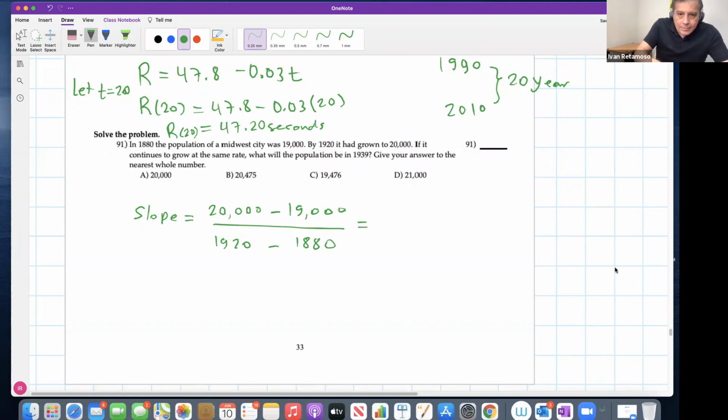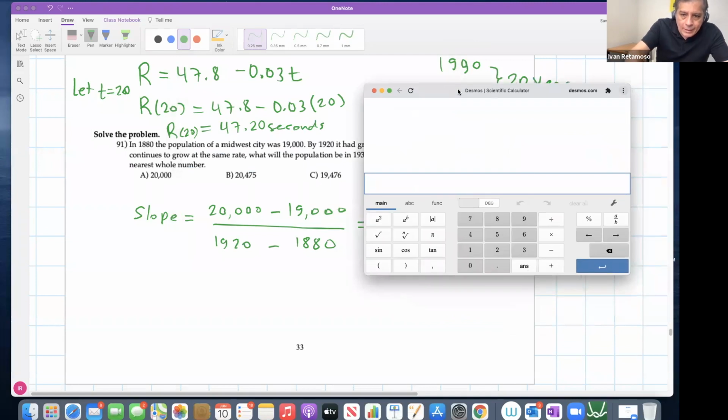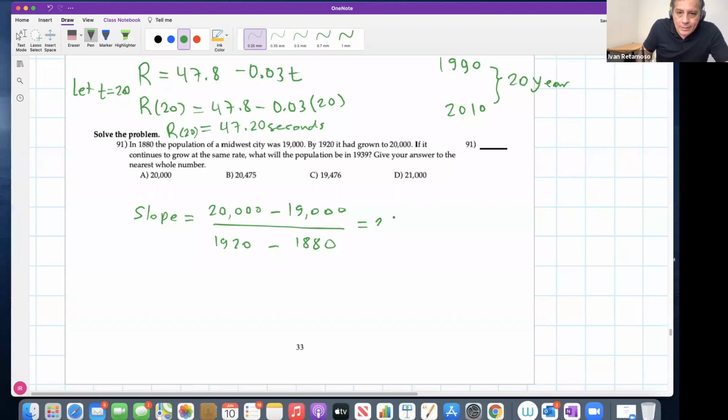Take your calculator, guys. Let's use the fractional form here: 20,000 minus 19,000, 1, 2, 3, divided by 1920 minus 1880, gives me 25. So that's the slope, 25.